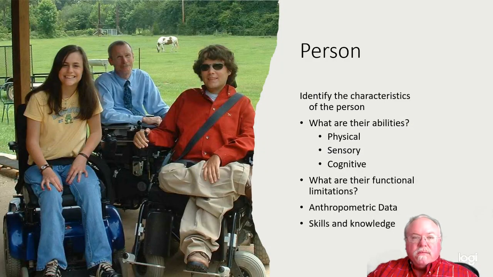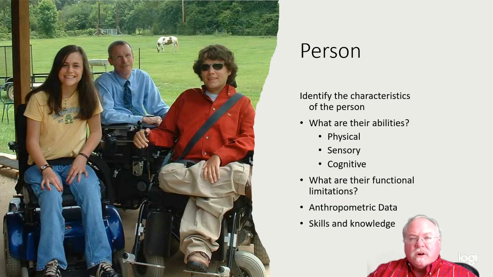So when we meet with an individual or their family and caregivers or teachers, we will discuss what the characteristics are of the individual. We want to know what their functional abilities are. We would like to know what their functional limitations are and discuss those with them. If it's relevant, we'll gather anthropometric data. And anthropometric data is the science of human measurement of physical body dimensions.